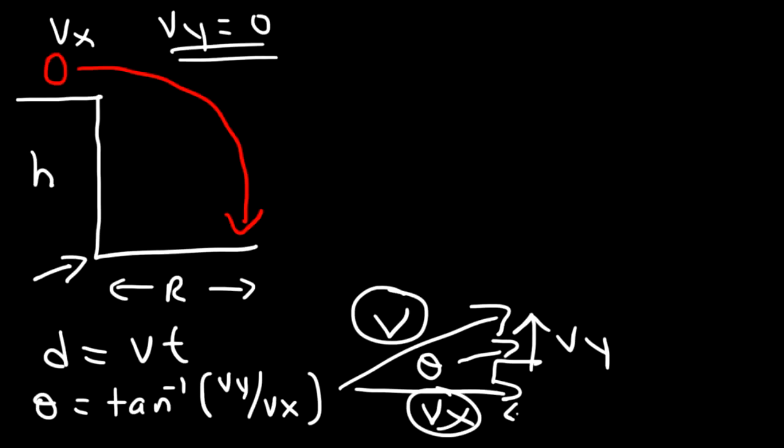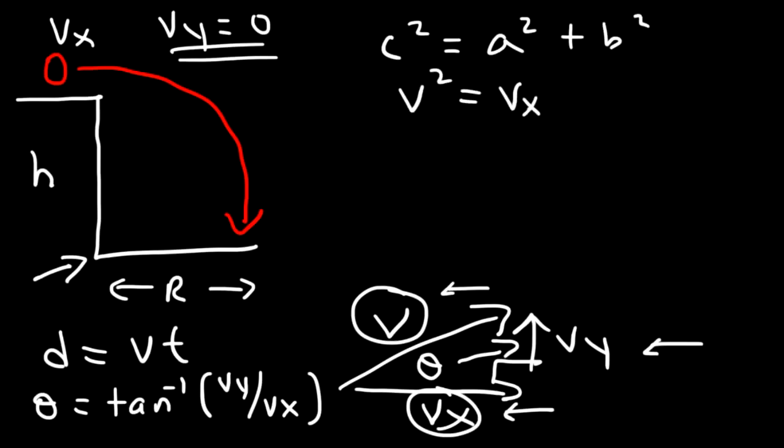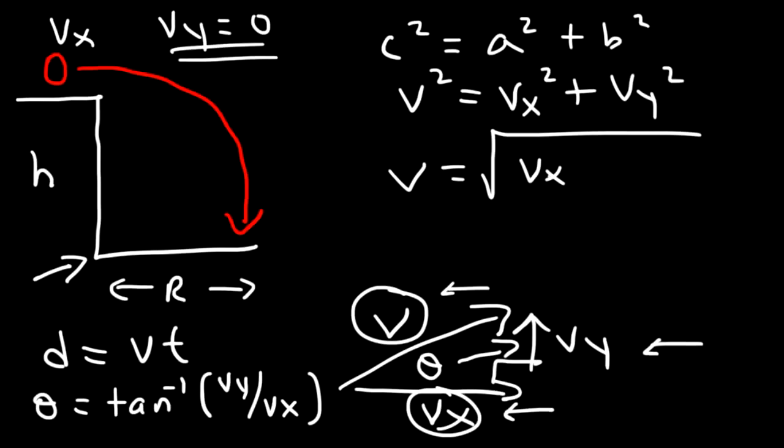Since Vx, Vy, and V are the three sides of a right triangle, and according to the Pythagorean theorem, c squared equals a squared plus b squared, V squared is equal to Vx squared plus Vy squared. Therefore, V is the square root of Vx squared plus Vy squared. If you need to find the final speed just before it hits the ground, this is the equation that you'll need.